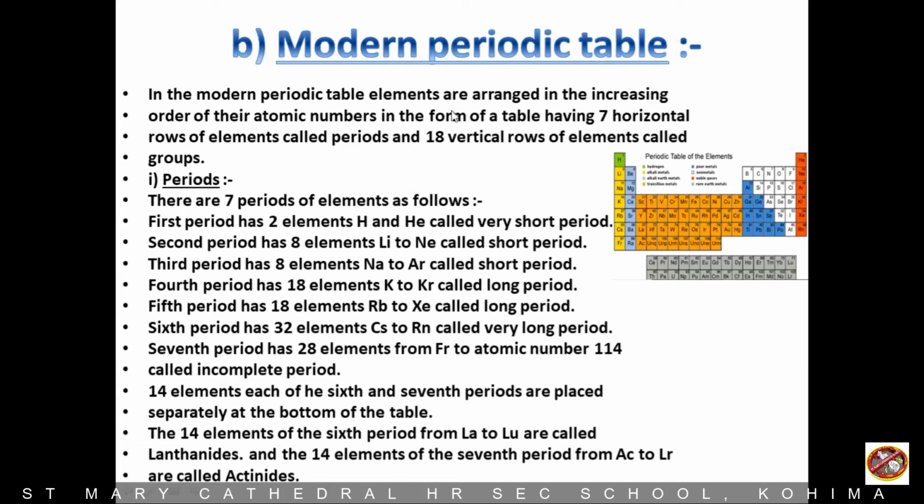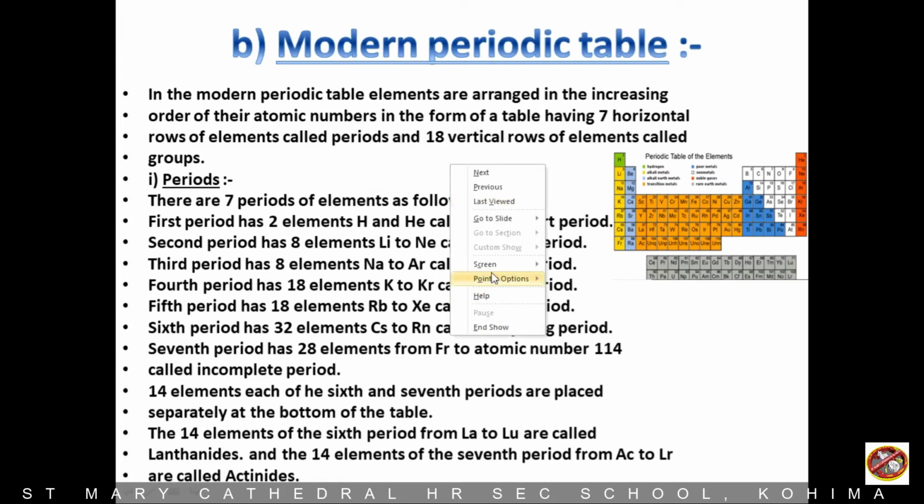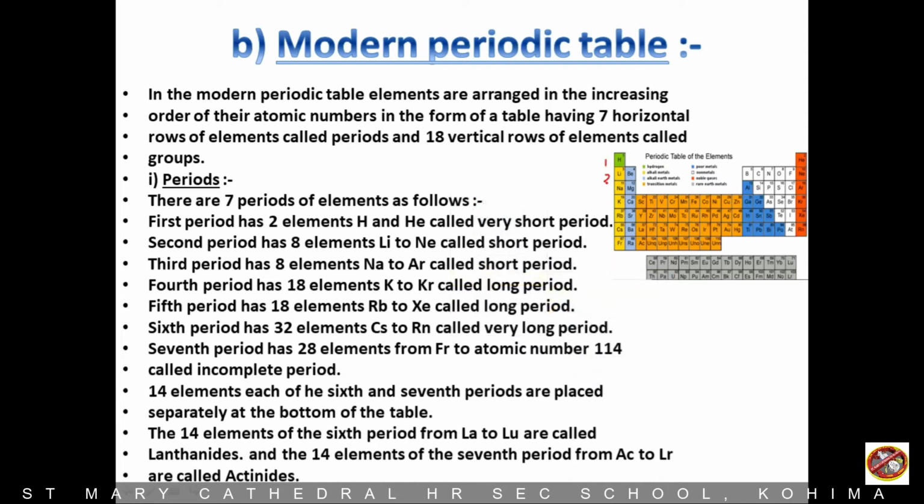In the form of 7 horizontal rows of elements called period, and 18 columns, not rows, called group.